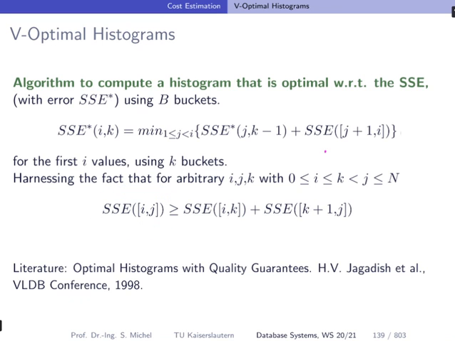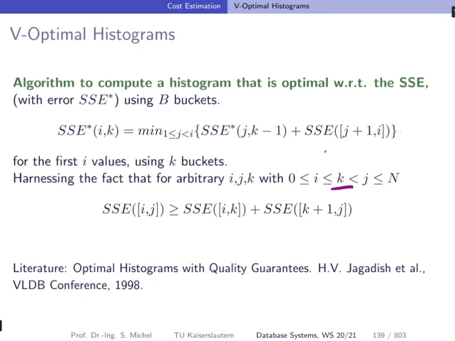And important here, apologies for the use of the same parameter twice, this k is not the same as the bucket count K. Here k is a data value, denoting the end of the interval or the beginning of the next interval. So why is this true?